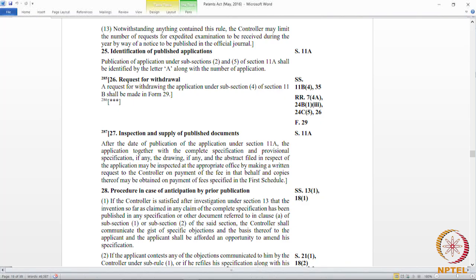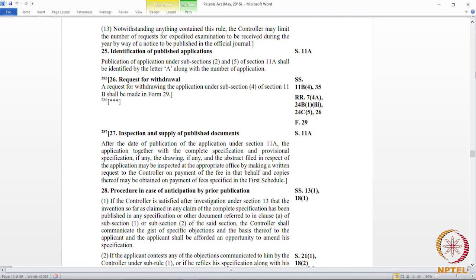If we compare that with 11A3, subclause C, where an application has been withdrawn 3 months prior to the period specified under subsection 1, which is the 18-month period. So, 3 months prior to the ending of the 18-month period, an application can be withdrawn, and the 11B4 proviso tells us that if you are going to withdraw any time after the application is filed and before the grant, you would use form 29.